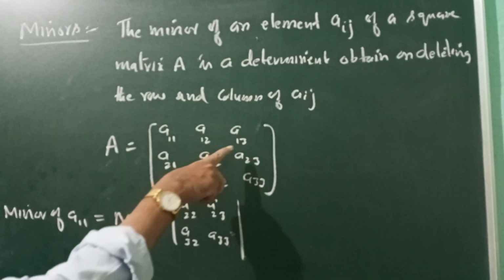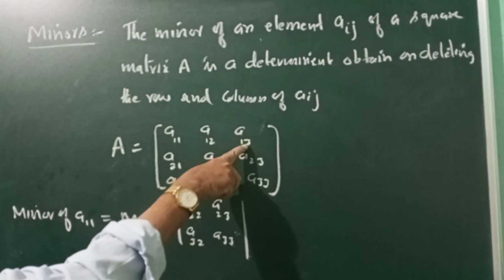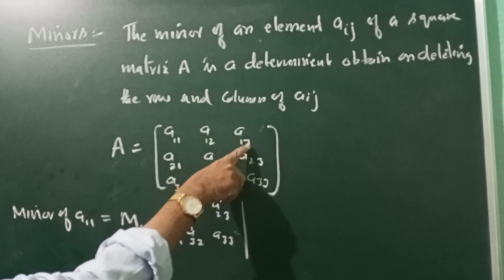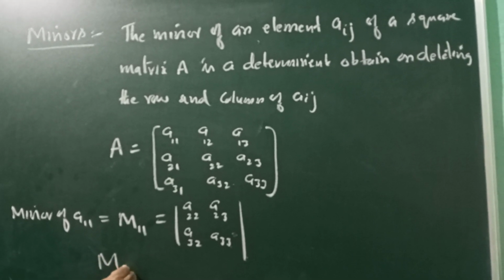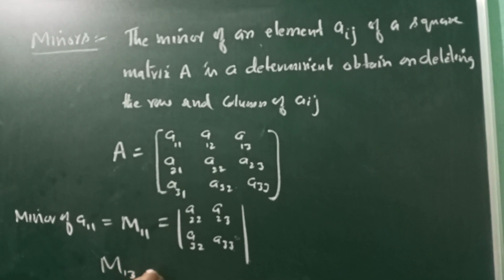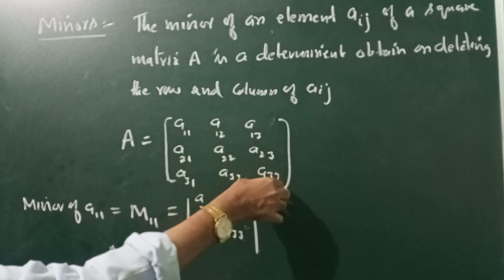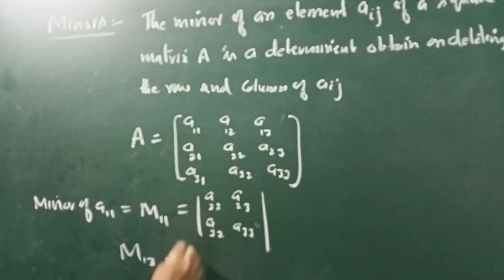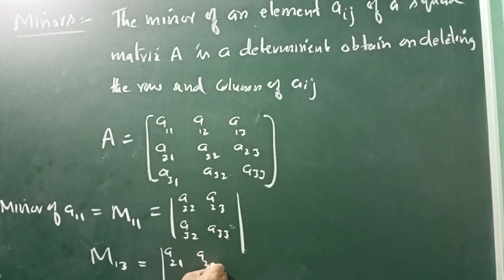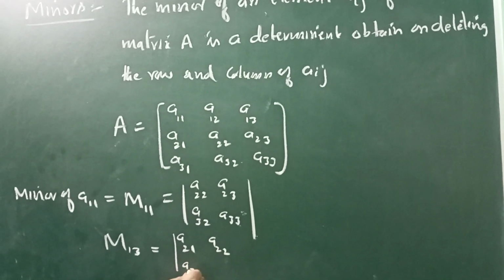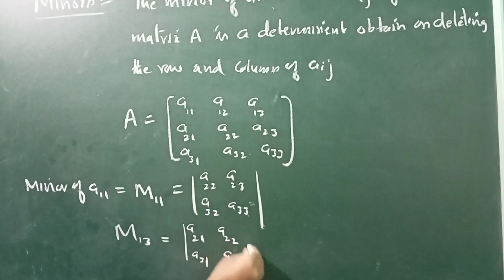Similarly, let us see what is the minor of A13. It is denoted by M13. That is obtained by deleting the row and the column, and is given by A21, A22, A31, A32.